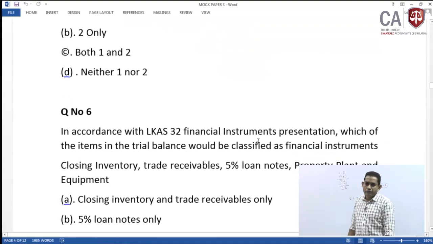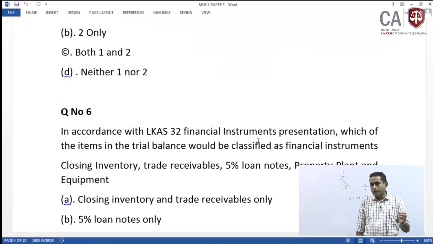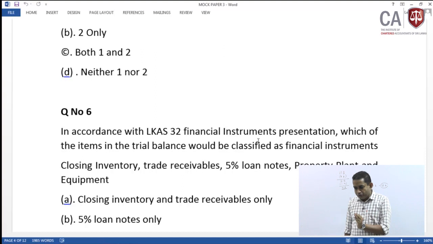Now, starting from question number 6, you need not refer to the scenario given at the beginning, and these are standalone questions with the scenarios individually given for each question. In accordance with IAS 32 Financial Instruments: Presentation, which of the items in the trial balance would be classified as financial instruments? To define a financial instrument, you should first define financial assets and financial liabilities.